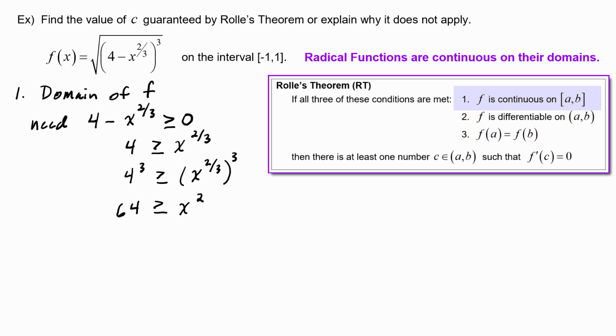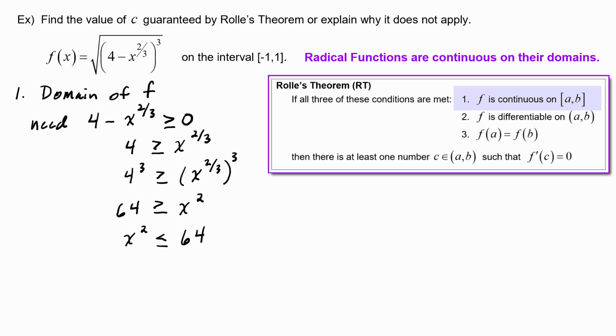Now I like to have the variable come first in any inequality I'm solving. So if 64 is greater than or equal to x squared, that's the same thing as saying x squared is less than or equal to 64.